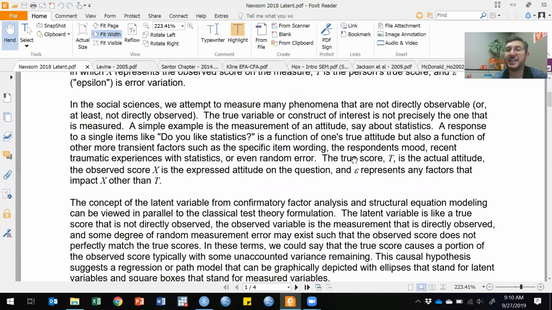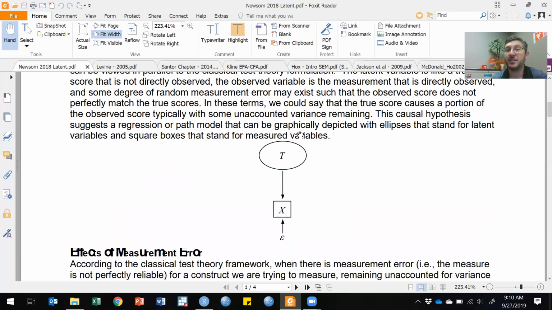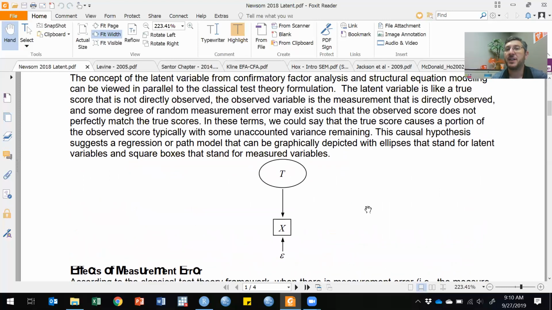And he relates that to how we can think of the latent variable like a true score that isn't directly observed. The observed measure that we do see is a manifestation of that true score plus some random error. So I thought it's a really good idea to get your head thinking about what a latent variable is.